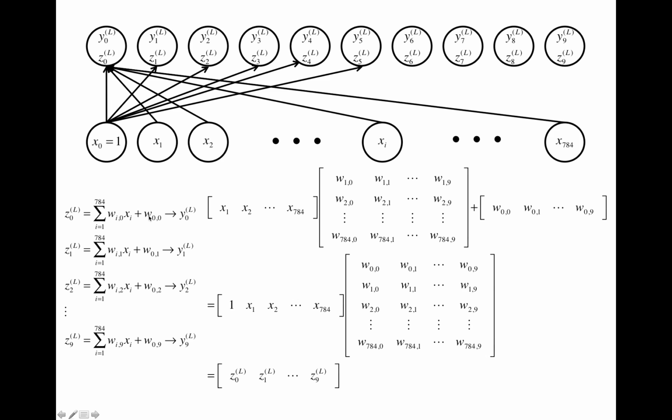Then we can add to this row vector the vector that contains all the bias terms for the 10 equations, W00, W01, W02 up to W09. And the results are the 10 logits, Z0, Z1 up to Z9.